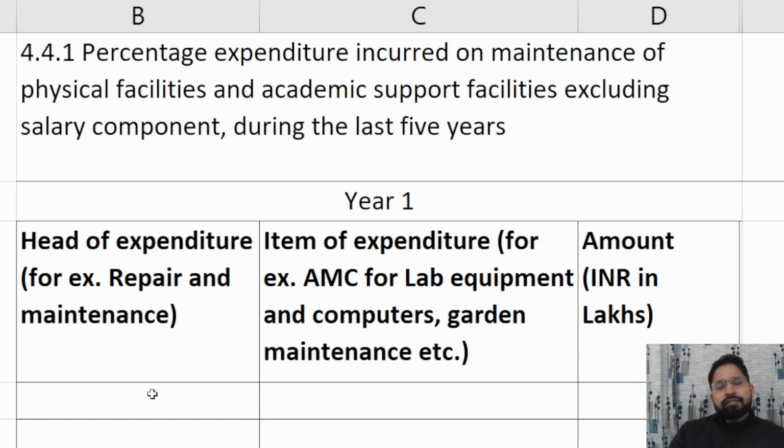In the second column, you mention the expenditure on maintenance of physical facilities, where you spent the money and the amount. If you spent money on academic support, you mention that here, and the amount you should mention here. This is the template of 4.4.1.